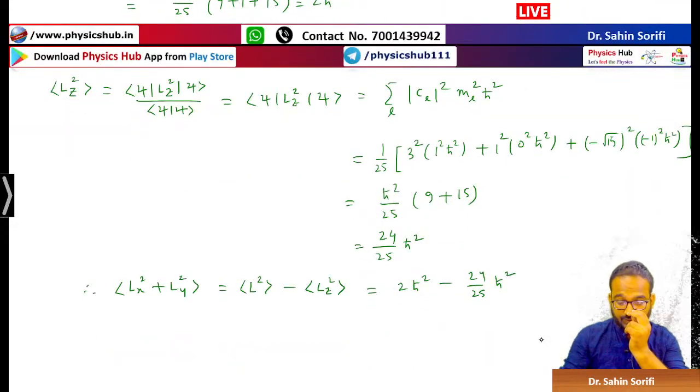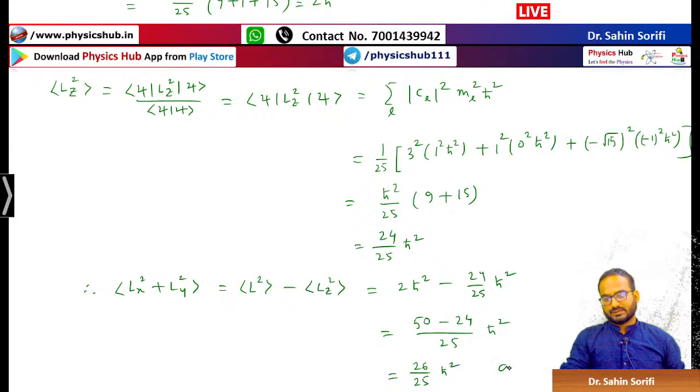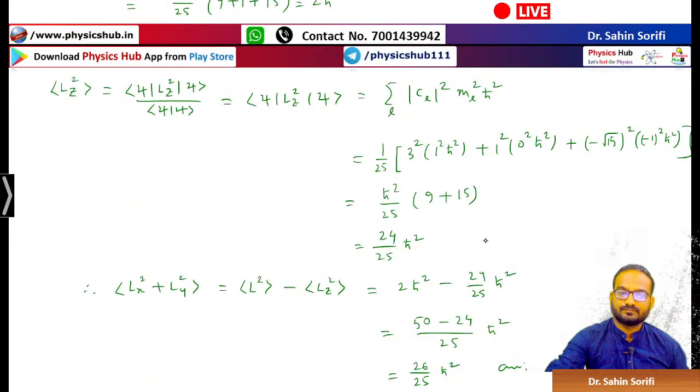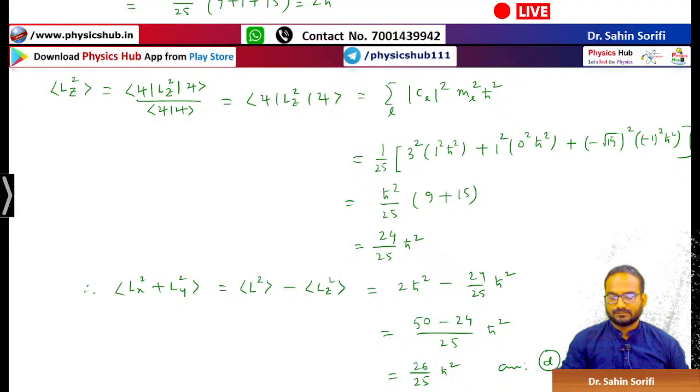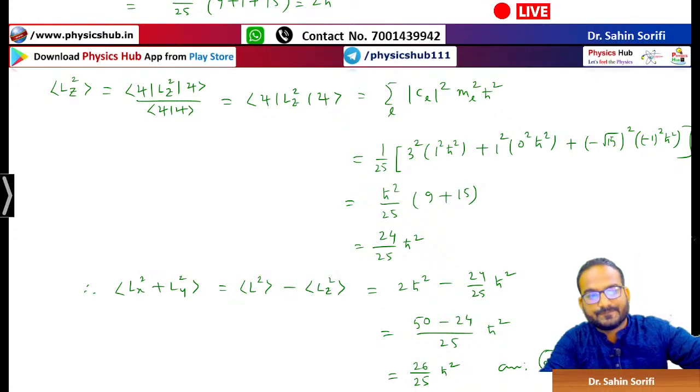So this is 50 minus 24 by 25 ħ², so it's 26 by 25 ħ², and that's matching with option D. How simple it is. Harry, Murli, where are you guys? Able to understand?